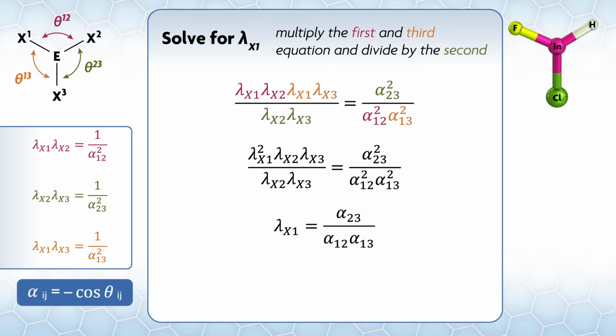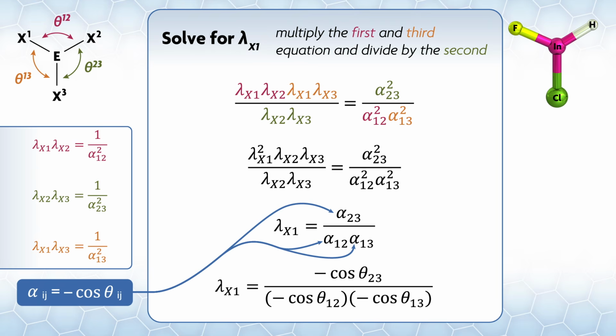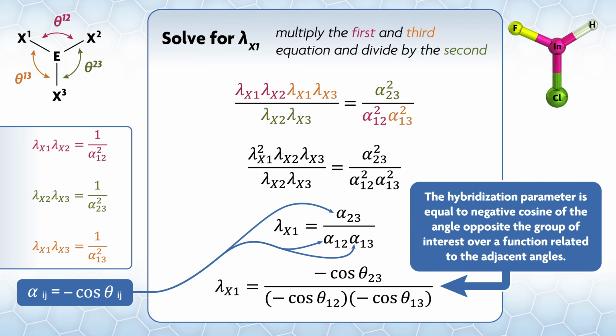Taking the square root of both sides gives the simple equation, after taking the positive root because hybridization parameters are always positive. Then we replace the alpha ij terms to get the final equation. In other words, the hybridization parameter is equal to the negative cosine of the angle opposite of the group of interest over a function related to the adjacent angles.